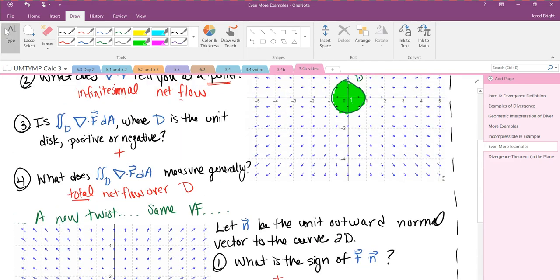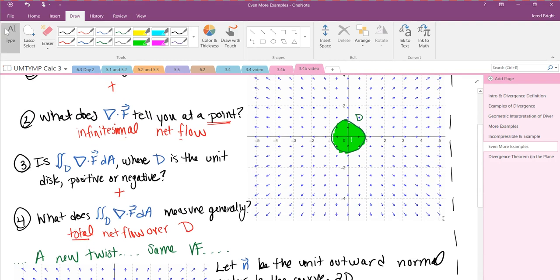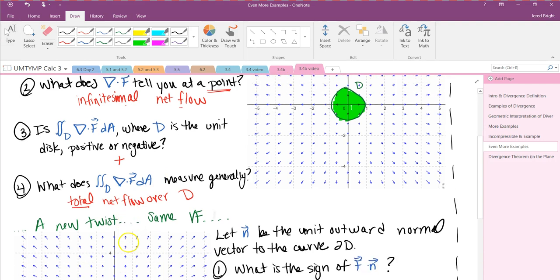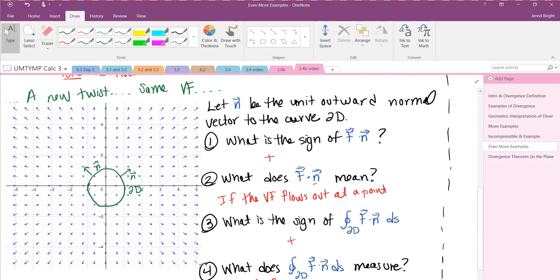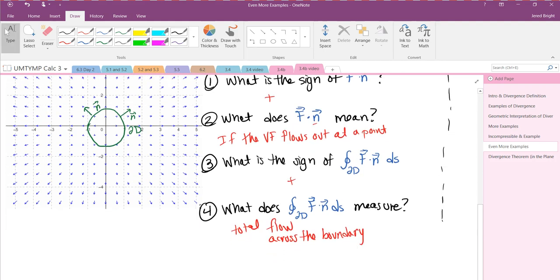Okay, and so that's going to be the conclusion of this, but just looking at the big picture of what we did here: we looked at total net flow in a region with this double integral of the divergence, and we said that was going to be positive. And then we also thought about, well, if we look at just the boundary instead of the entire region, and we look at the line integral of the vector field dotted with the normal vector, which is, again, measuring total flow across the boundary, we notice that that's positive too.